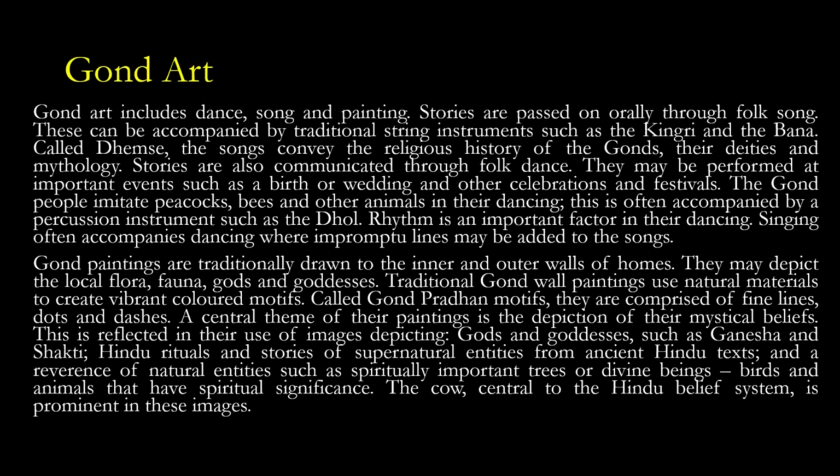This is reflected in the use of images depicting gods and goddesses such as Ganesha and Shakti, Hindu rituals and stories of supernatural entities from ancient Hindu texts, and a reverence of natural entities such as spiritually important trees or divine beings, birds and animals that have spiritual significance. The cow, central to the Hindu belief system, is prominent in these images.